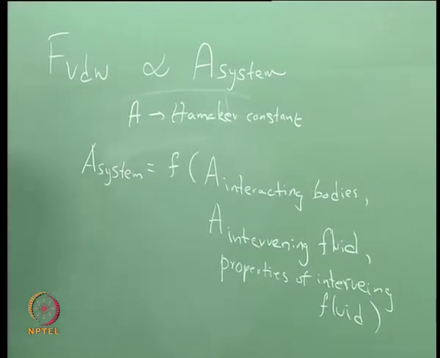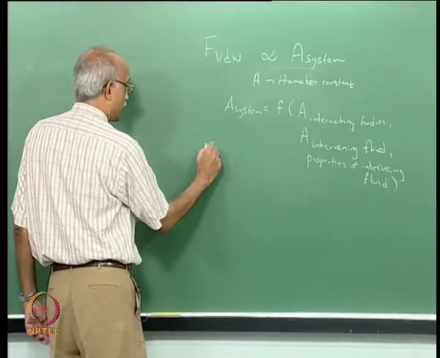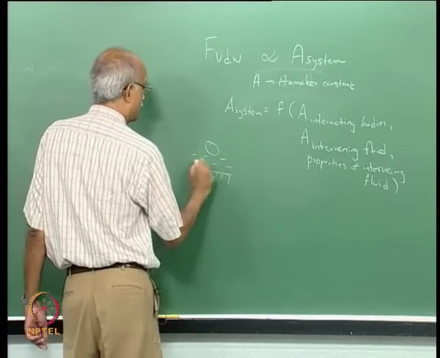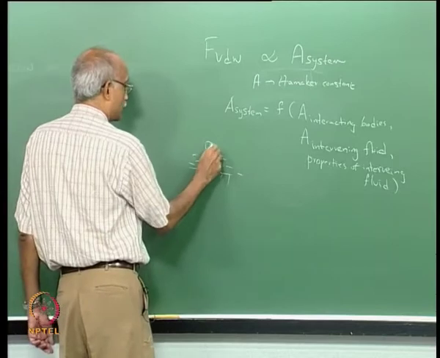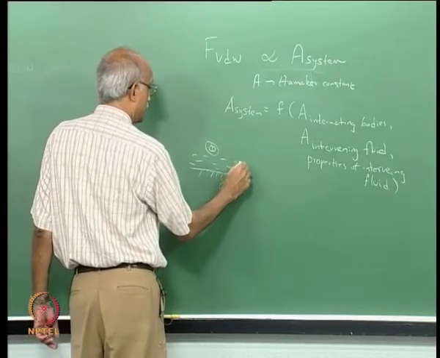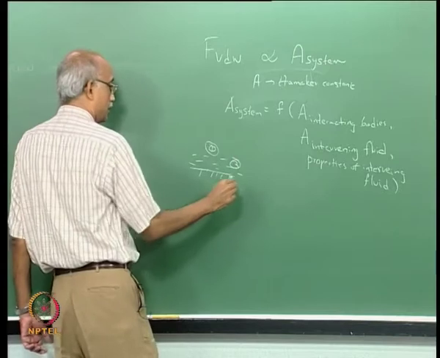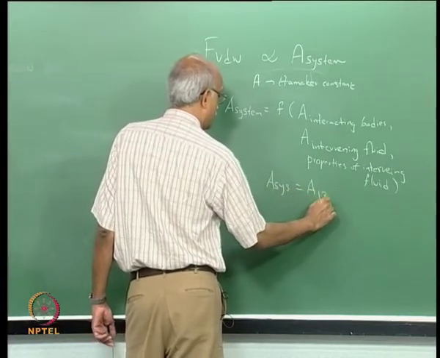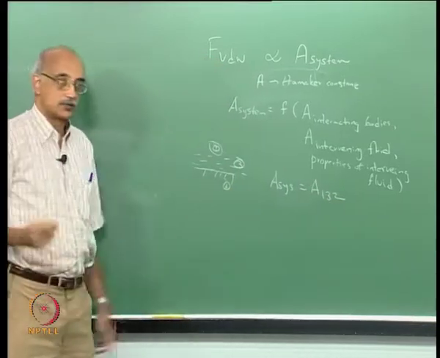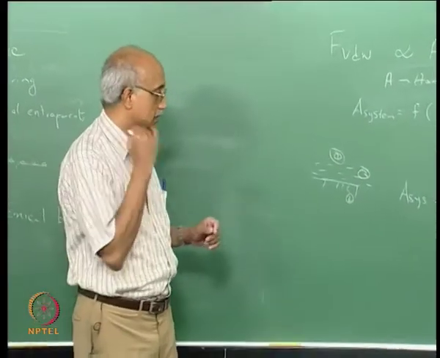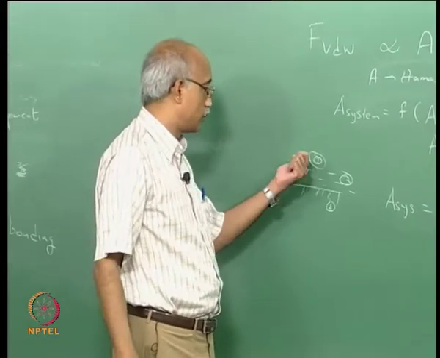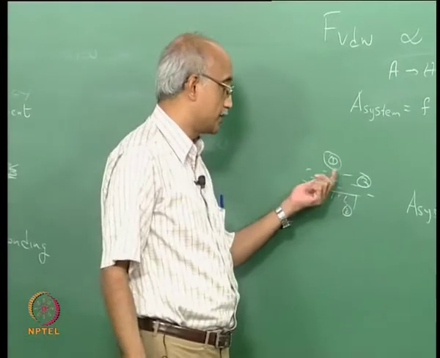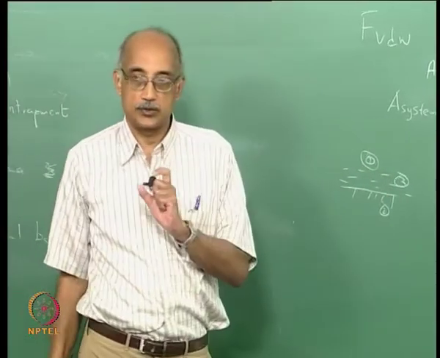So for a system where you have, let's say, a particle and a surface with some intervening fluid, let's call this 1, 2, 3, then A system equals A132, the Hamaker constant for the entire system reflects the Hamaker constants for 1, for 2, and for 3, as well as the various physical properties of the intervening fluid.